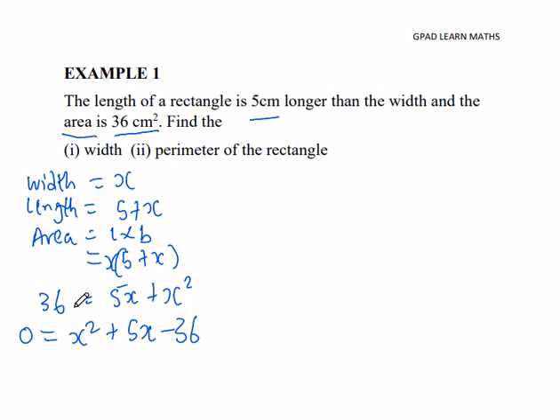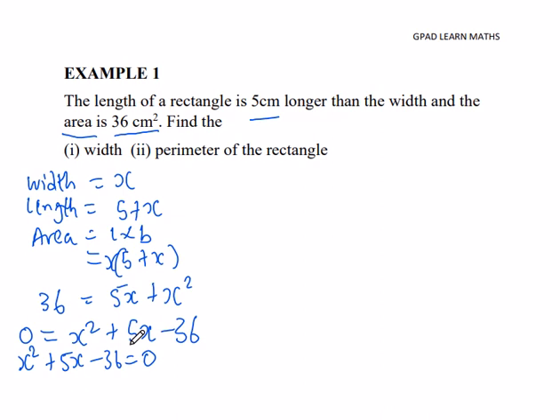So this is a quadratic equation. Let me just say x squared plus 5x minus 36 is equal to 0. I need to find the value of x, so I'll have to factorize this because this is a quadratic equation. Now, how do I know this is a quadratic?